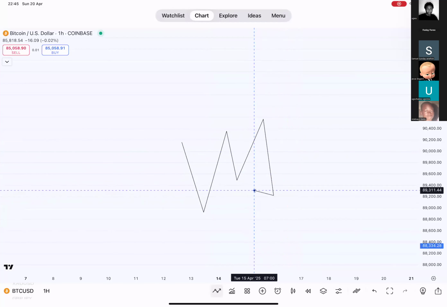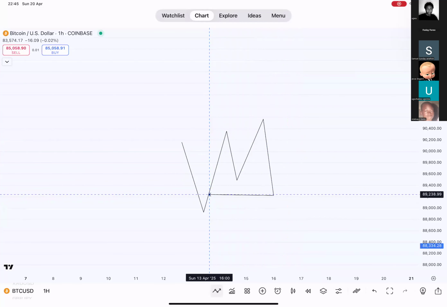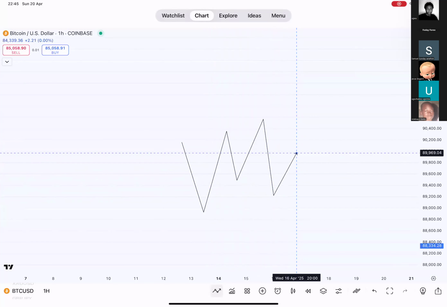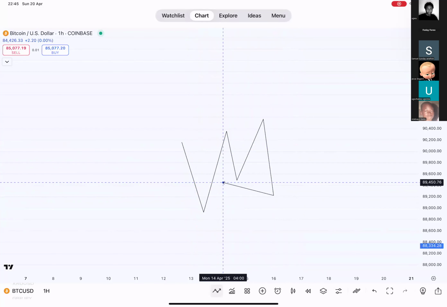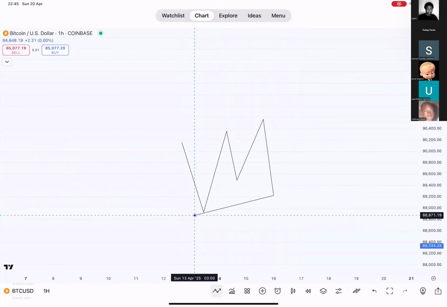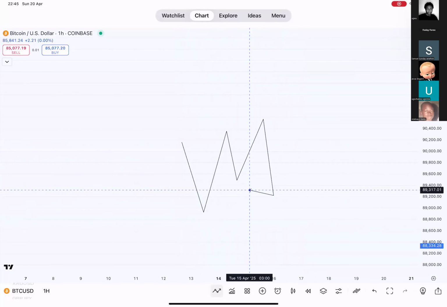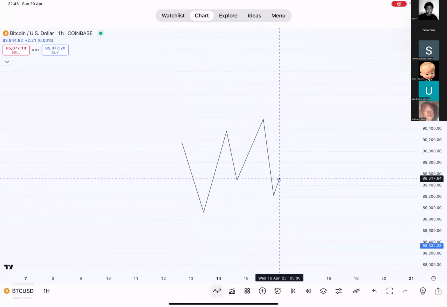You understand? Because once you do your top-down analysis and get your bias, then you follow it in lower time frame, which I mentioned about external structures and internal structures, which is when you analyze in bigger time frame, then you follow it up in lower time frame.